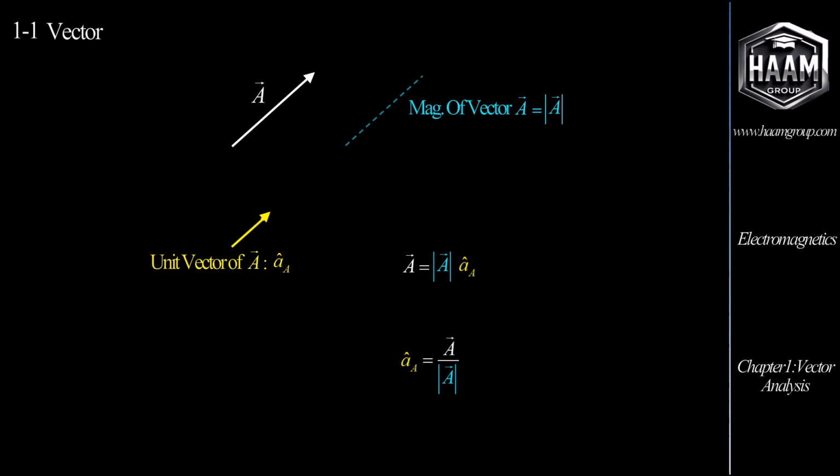In other words, to find the unit vector of any vector, simply divide the vector itself by its magnitude. The result is a vector with a magnitude of 1 pointing in the same direction as the original vector.